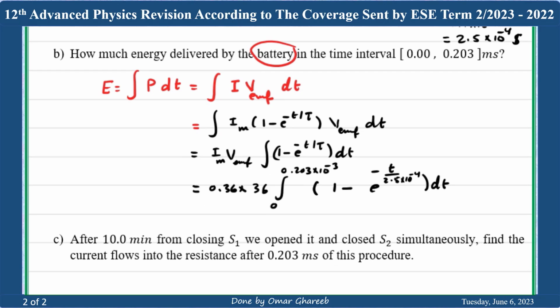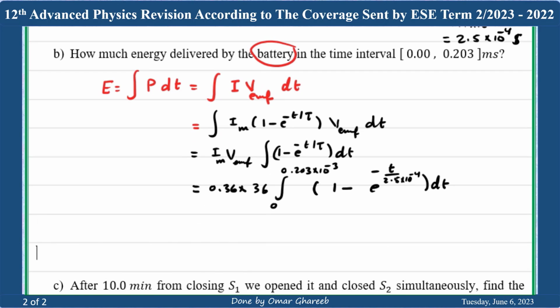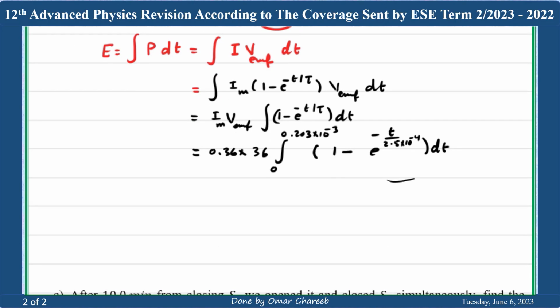Put it in the calculator and find the answer. The answer will be about 8.29 times 10 to the minus 4 joule.